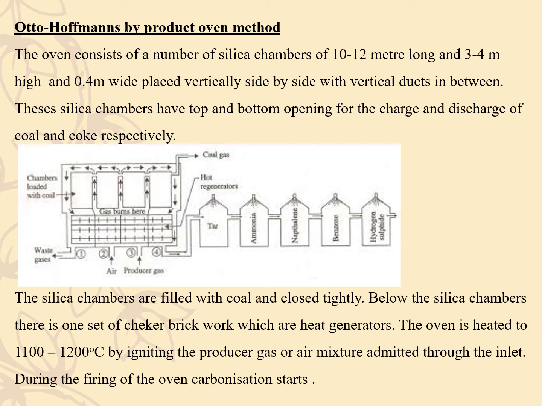Below the silica chambers there is one set of checker brickwork which are heat generators. The oven is heated to 1100 to 1200 degrees centigrade by igniting the producer gas or air mixture which is admitted through the inlet. During the firing of the oven, carbonization starts.